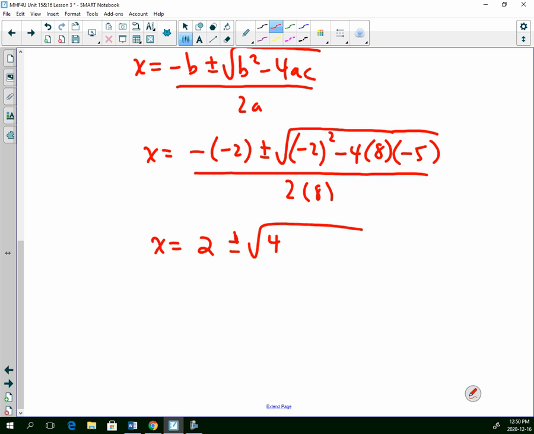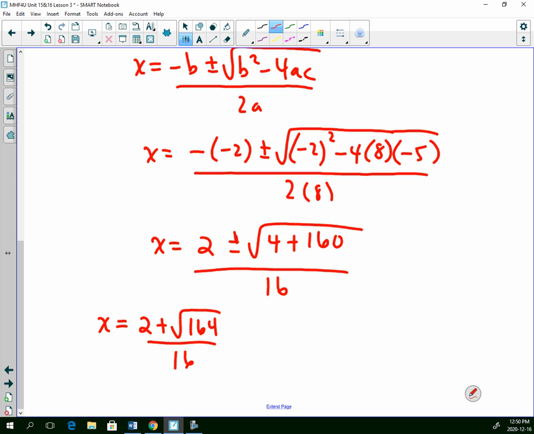We get 4. Negative and negative is positive. 4 5s are 20 times 8 is 160 over 16. So we get 2 solutions, 2 plus the root of 164 over 16, and 2 minus the root of 164 over 16.